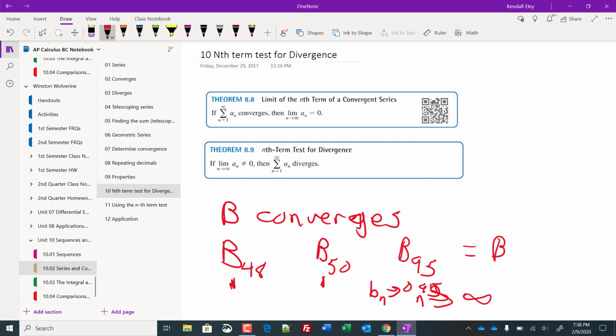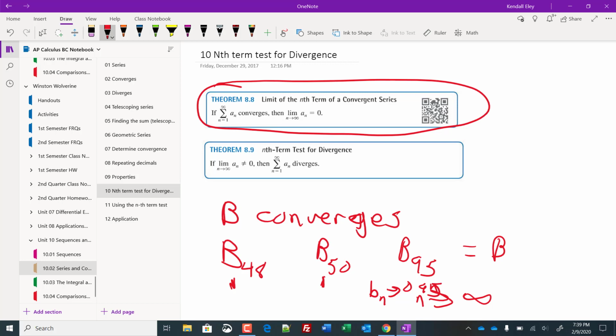So that's what we say here with this first thing. If it converges, then the limit of the nth term has to be 0. Now, that doesn't mean that if the limit is 0, then it converges. That's not what that says. This says if the series converges, then the limit has to be 0.